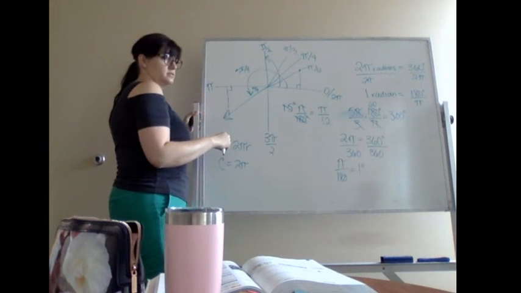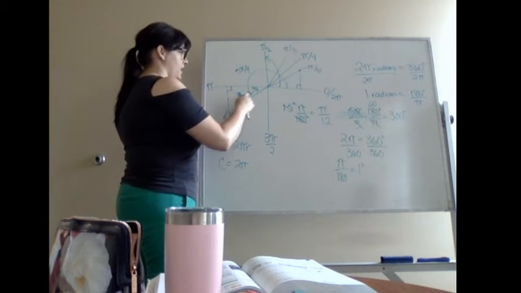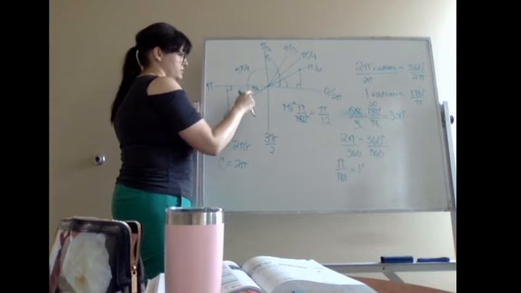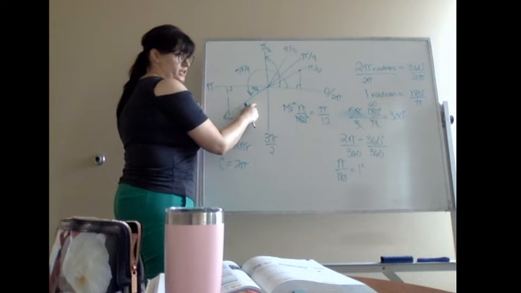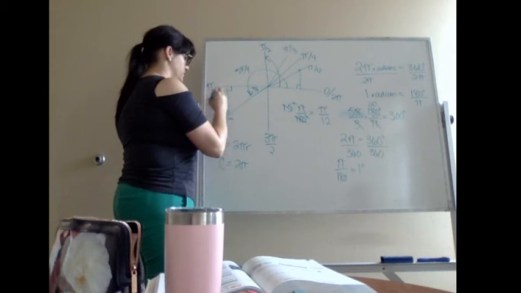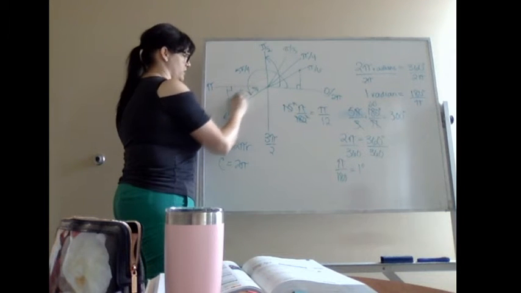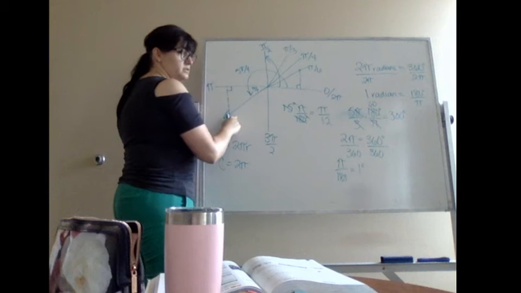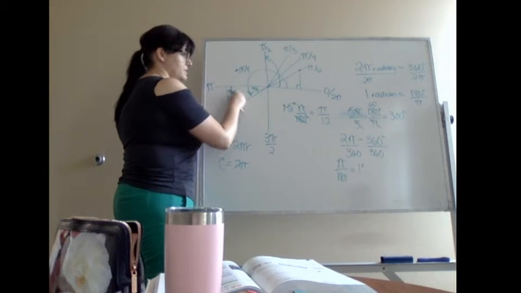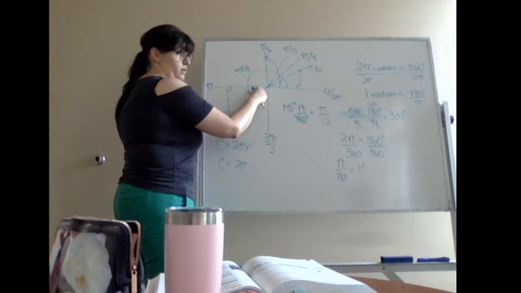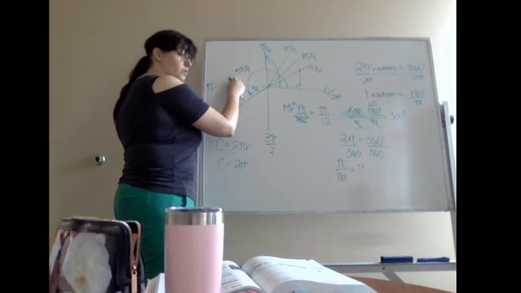So I can use my trig functions. Opposite over hypotenuse is sine. The sine of pi over 4 will give me the ratio of this over this. That's the same for pi over 4 as it is for 5 pi over 4.